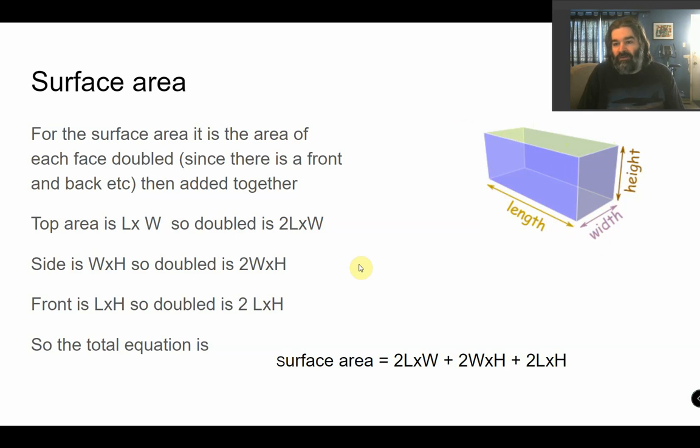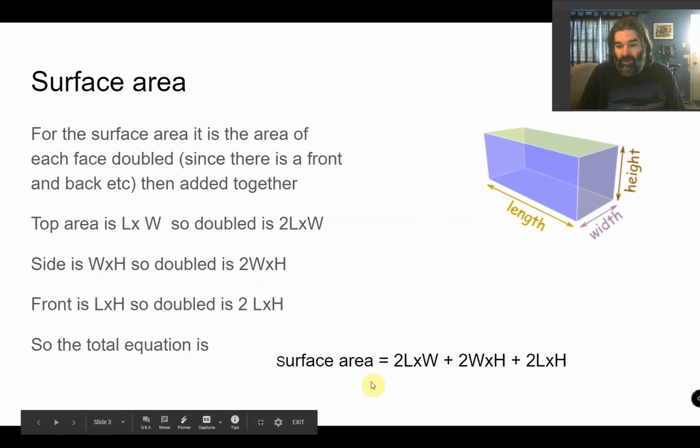Let's shorten that into the first letters, L, W, H. So the top is length times width, L times W, so doubled would be 2 times L times W. The side is width times height, so both sides would be double that, 2 times width times height. The front is length times height, so doubled the area would be twice that. If you put those together, you get an equation: 2 times length times width plus 2 times width times height plus 2 times length times height.